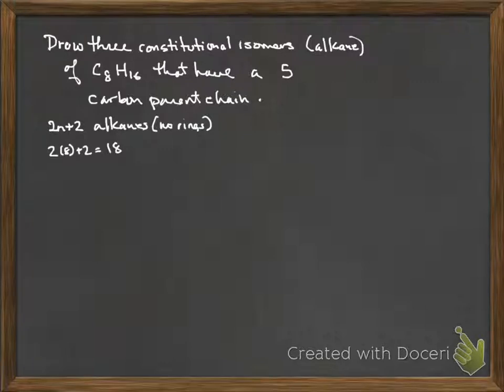And the way we applied the rule before is that every 2 hydrogens is either a ring or a double bond, but it's an alkane, so it can't have a double bond. Okay? Let me write that out. I can't have a double bond because we're doing alkanes. We're not doing alkenes. There's a chapter later when we do alkenes, and then alkenes will be on the table for this kind of thing as well.